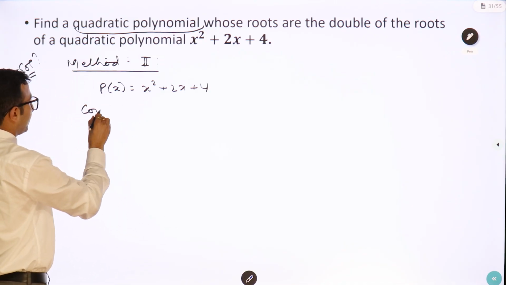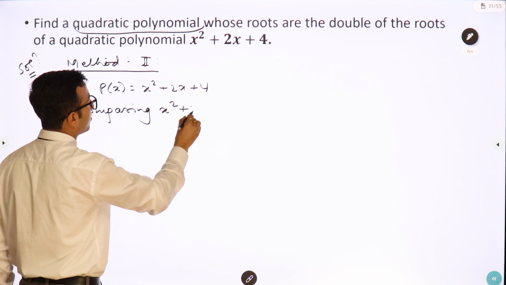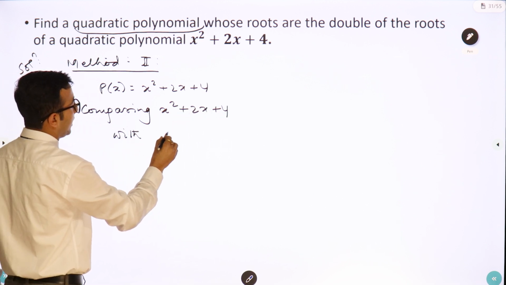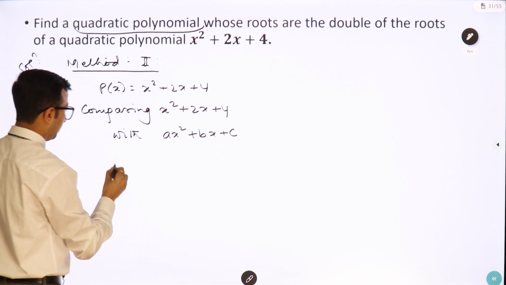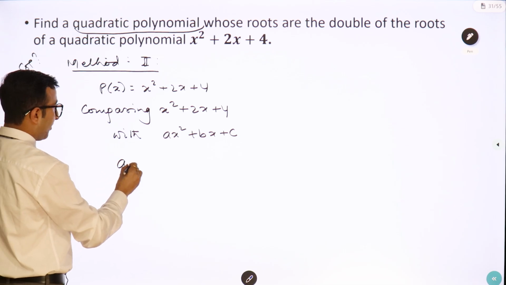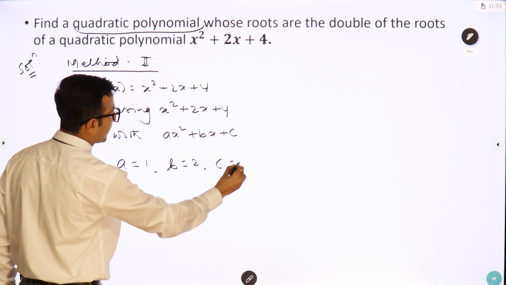First we will compare x square plus 2x plus 4 with ax square plus bx plus c. So the value of a is 1, b is 2, c is 4.